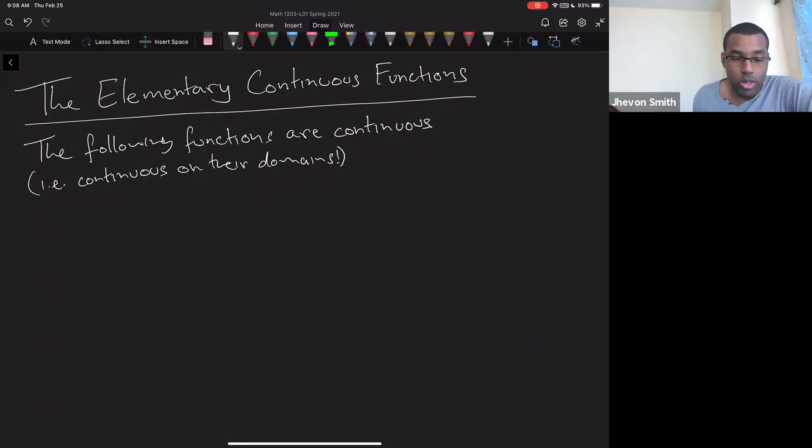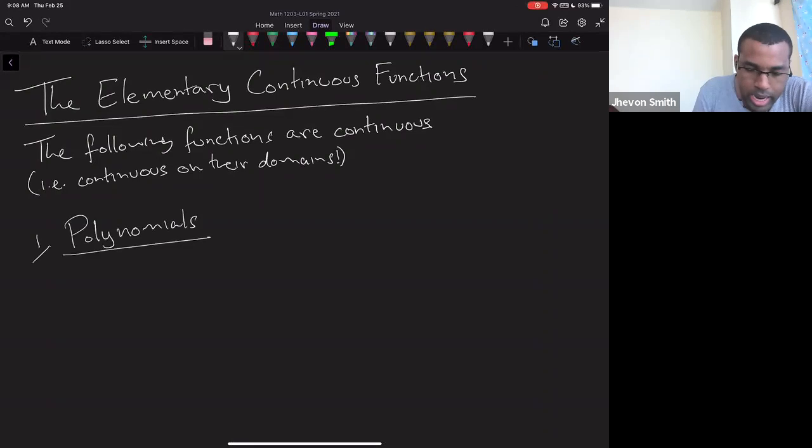And for the most part, you're always going to just be able to assume that these things are continuous whenever you see them. So one is the class of functions called the polynomials. Right? In fact, these guys are continuous on the entire real line. We say AKA continuous everywhere.